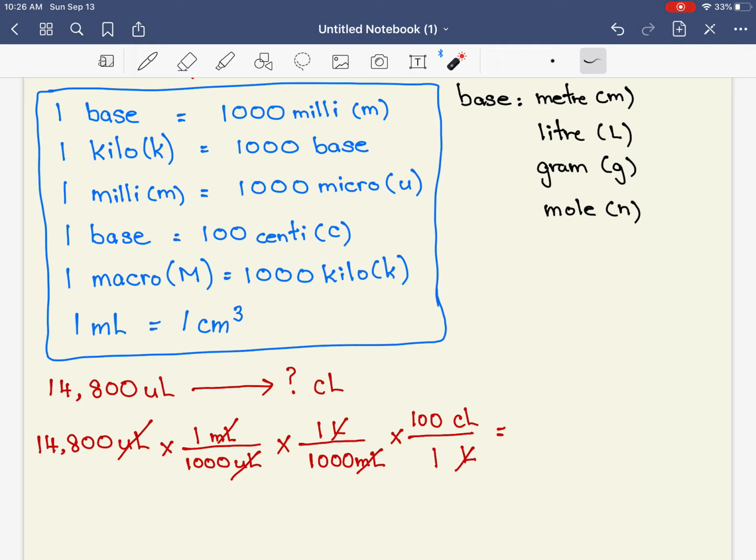Okay, so let me calculate that for you right now. That way you guys all have the same answer, hopefully, if I don't make any mistakes. The answer is 1.48 centiliter. Hopefully I didn't make a mistake and everybody got the same thing.